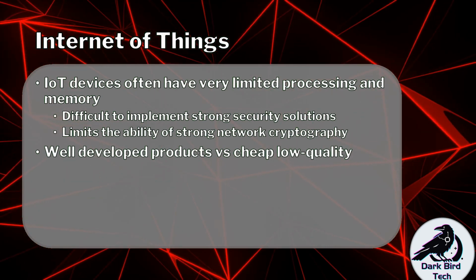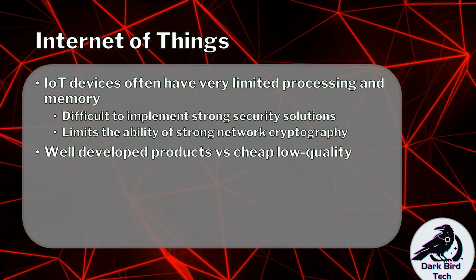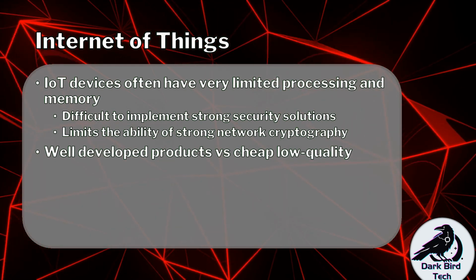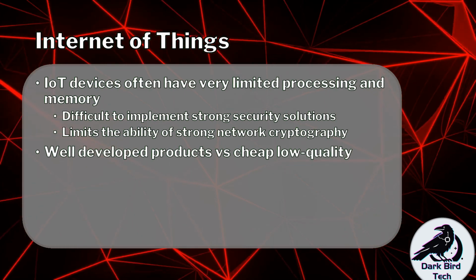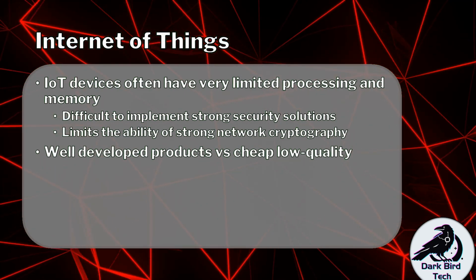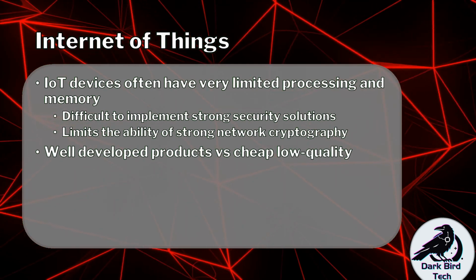Never heard of the vendor before. Probably never will either. What's the average person going to go for? Well, they're going to go, they look like they do the same thing. I'm going to go with the cheaper one. Now, the thing is that cheaper one might be less reliable. That cheaper one probably will be less secure. You're trading off a lot to save a few bucks here, which is not always a great idea.